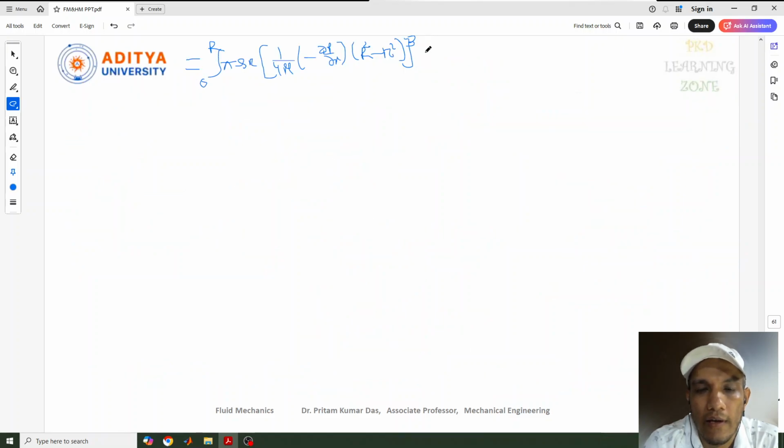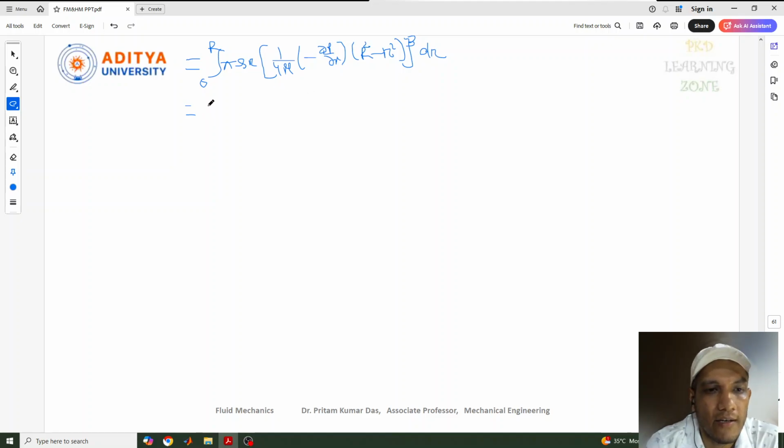So with respect to this dr, these things we need to solve. Nothing else is there, only integration of these terms we need to do. So we will start with this one. Now the constant terms we will take outside. Only the terms with integration with respect to dr we will keep inside.